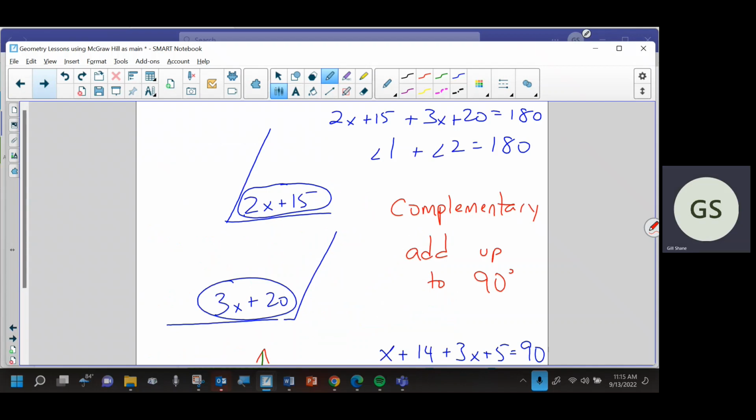You're going to see a bunch of problems with complementary and supplementary angles. You just need to understand the definitions. Complementary means that the two angles add up to 90. Now they can show you that in a lot of different ways. It might be that they put the little right angle symbol in there.